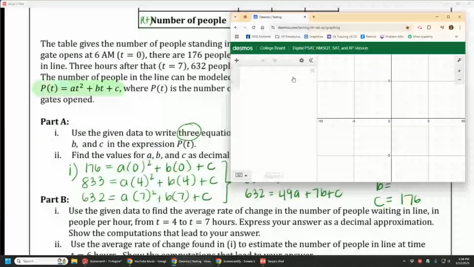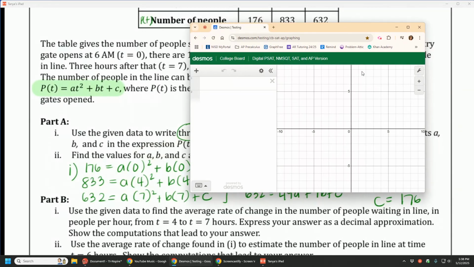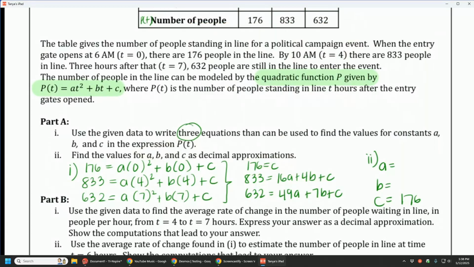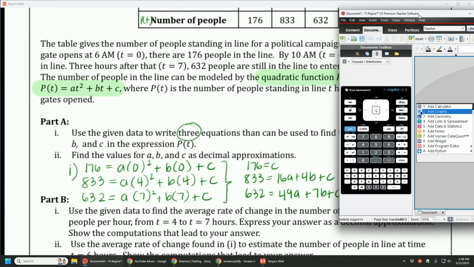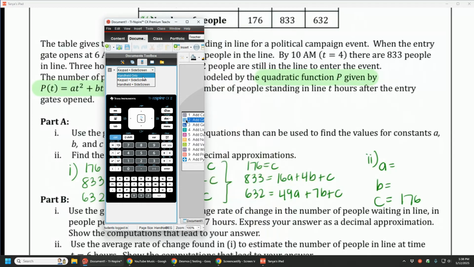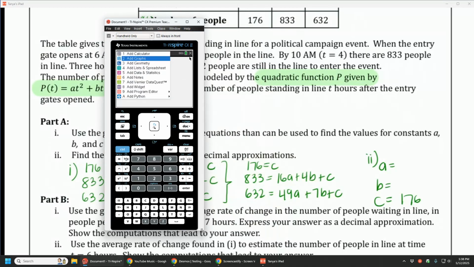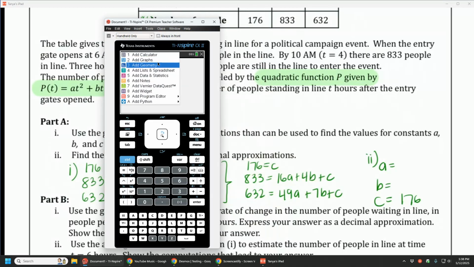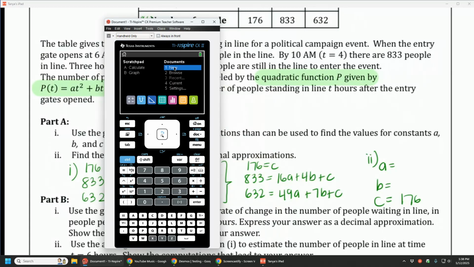So I do have my Desmos testing one pulled up. But in this case, because it's quadratic and because it's 3 equations, I think it might be easier to use my Inspire. So I'm going to pull that up. Let's make this look like a real calculator. Okay, so there's my Inspire. So what I want to do is go to my system solver.